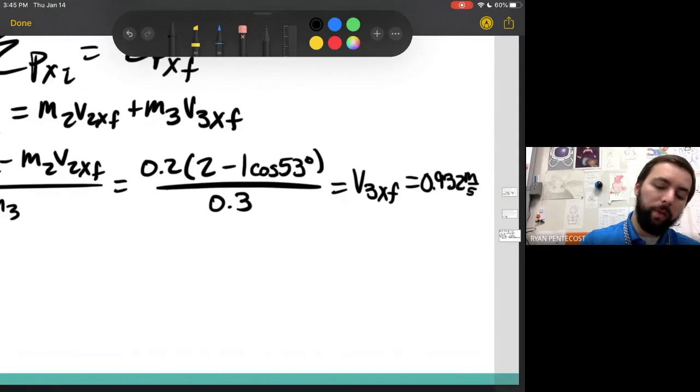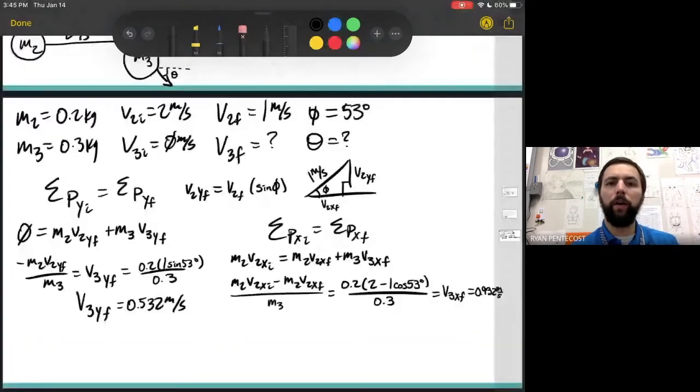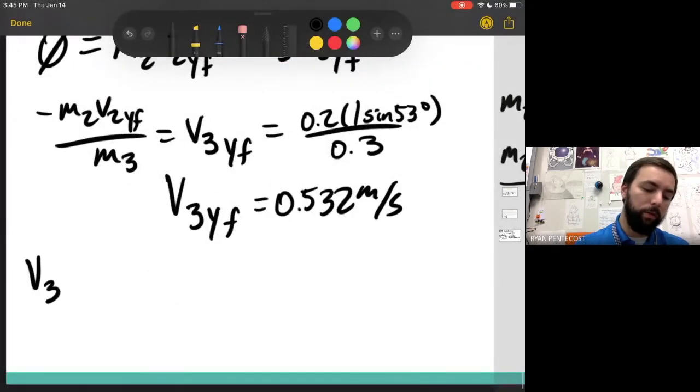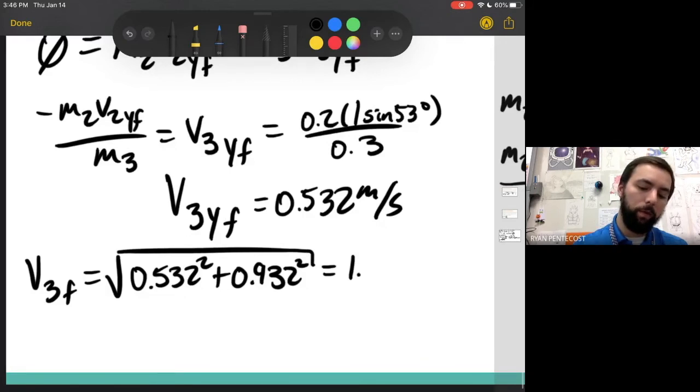So we have the x and y component of V3f. You can do the trig and find the theta and then find your v, but you can just use the Pythagorean theorem if you'd like. You need V3 final. That would be the square root of the x component squared plus the y component squared, and that will come to 1.07 meters per second.